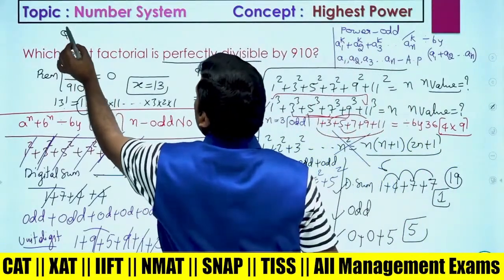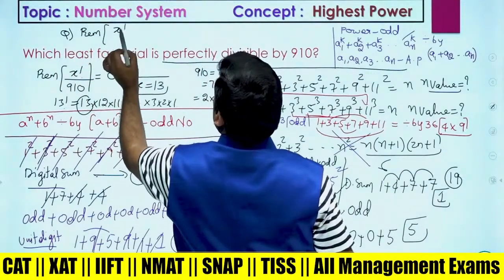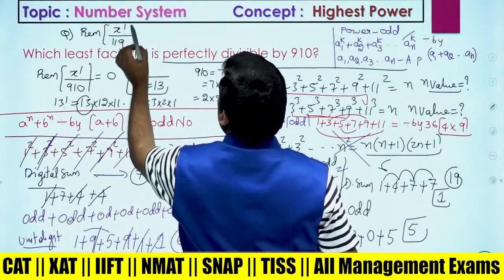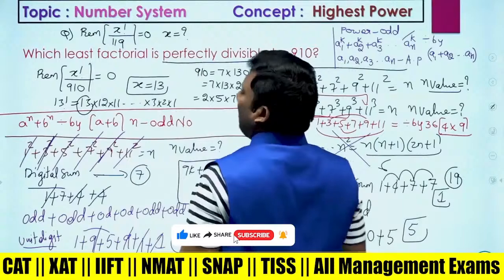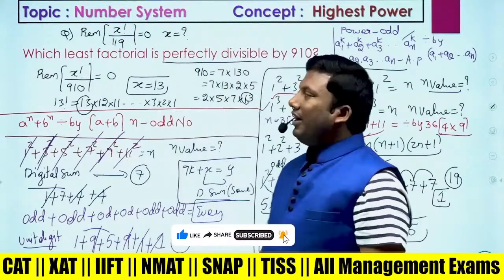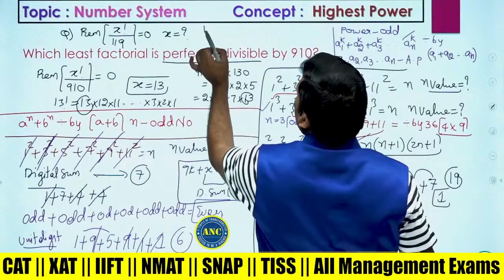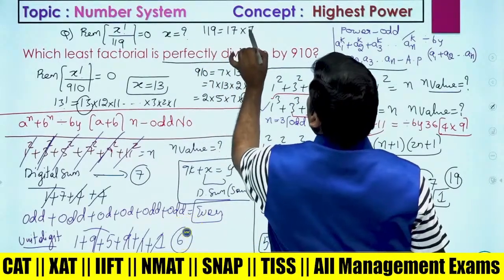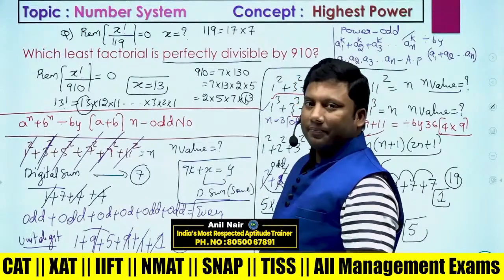Suppose the question is: remainder of x factorial divided by 119 is 0. Find x. Factorize 119. It is 17 into 7.